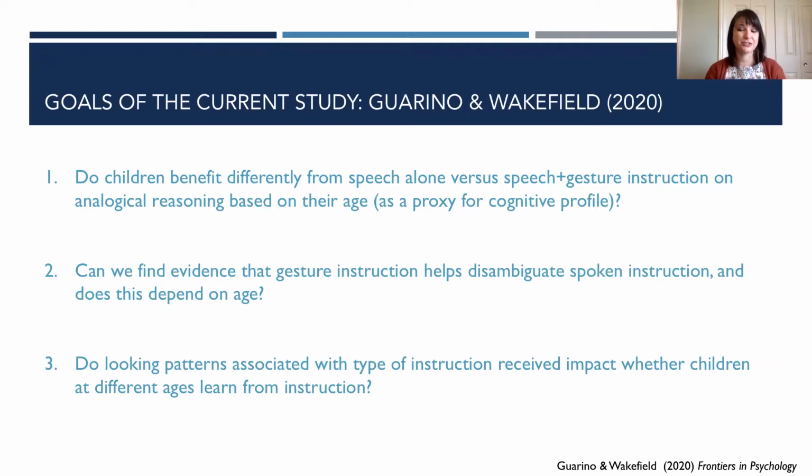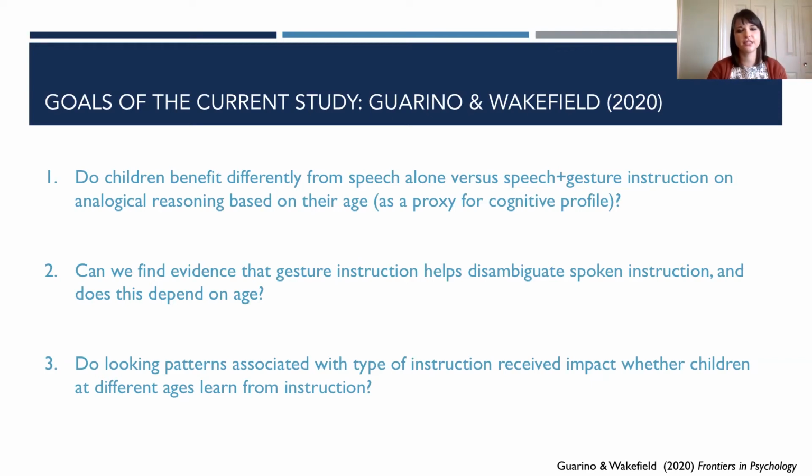It may be the case that gesture does not support all children's understanding of spoken instruction to the same extent. There may be a sweet spot, where children have enough foundational cognitive abilities related to analogical reasoning that they can use gesture to clarify that spoken instruction and boost their learning. Whereas children above or below that sweet spot, this developmental point, may not show an advantage when they're learning from gesture.